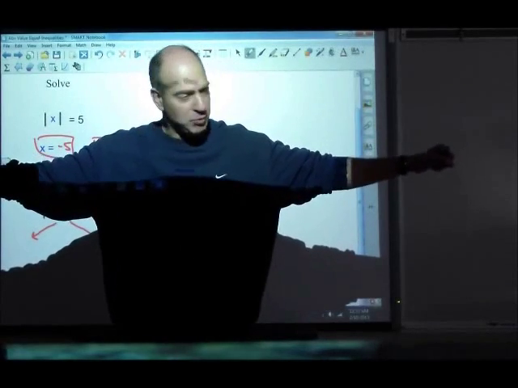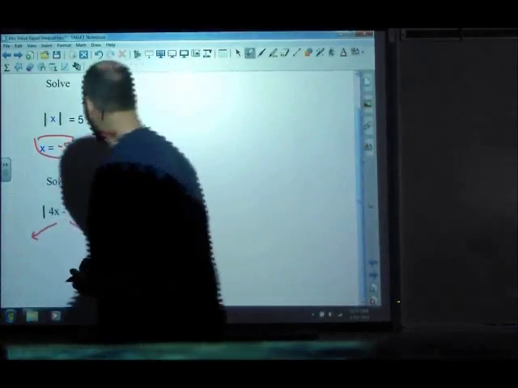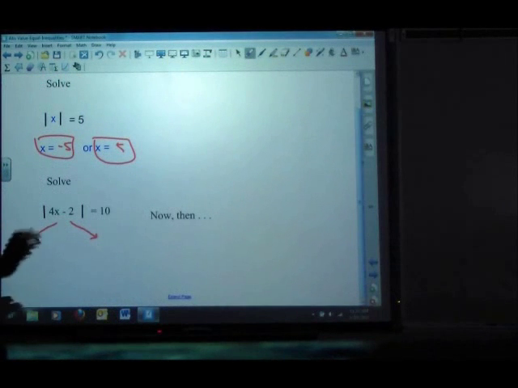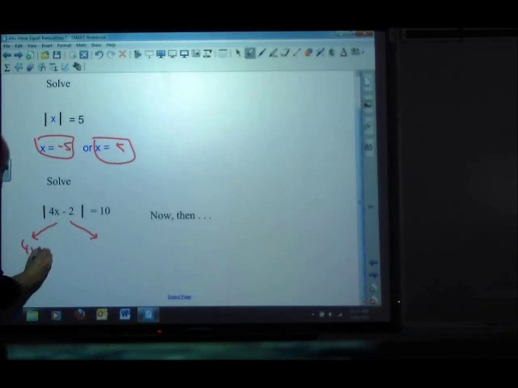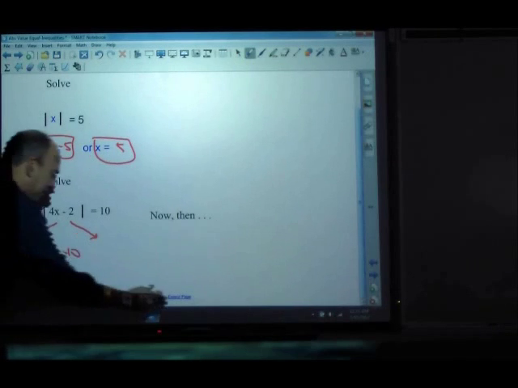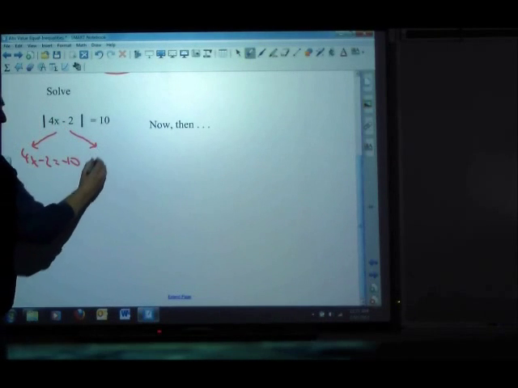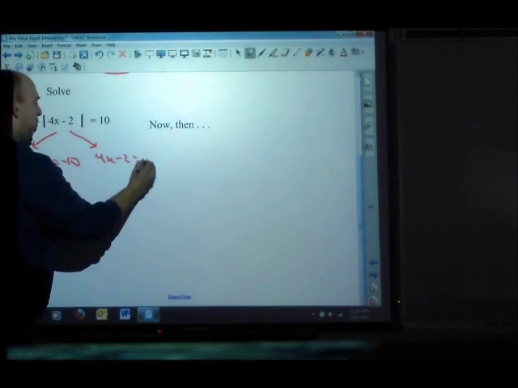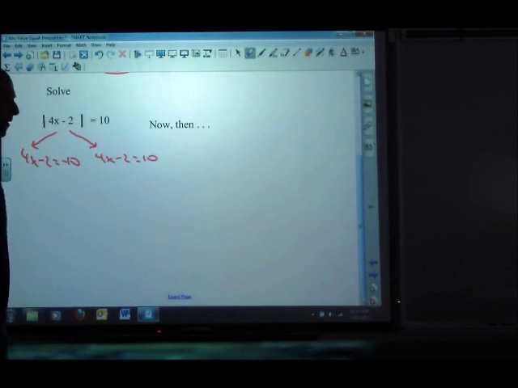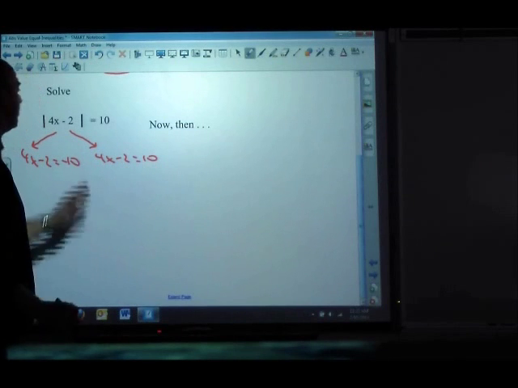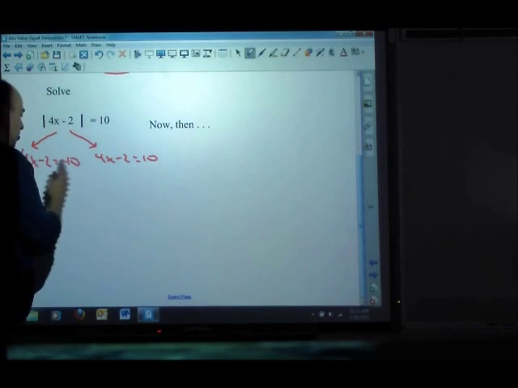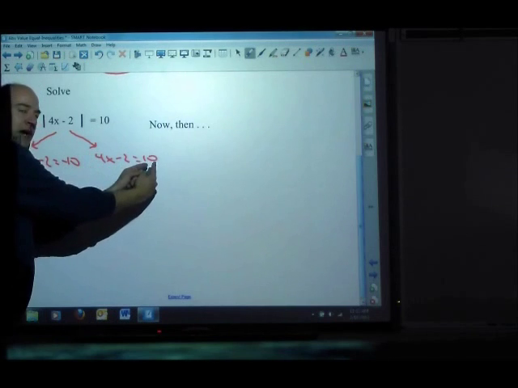Those two points are 10 away from 0. So we split this off and write down two statements: 4x - 2 could equal -10, or 4x - 2 could equal +10. There are two sides to 0, so there are two ways to be 10 away from 0.